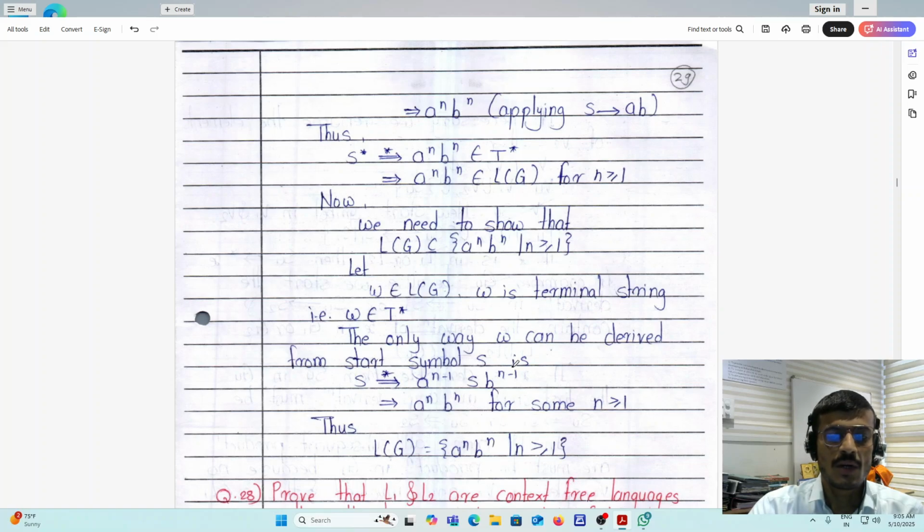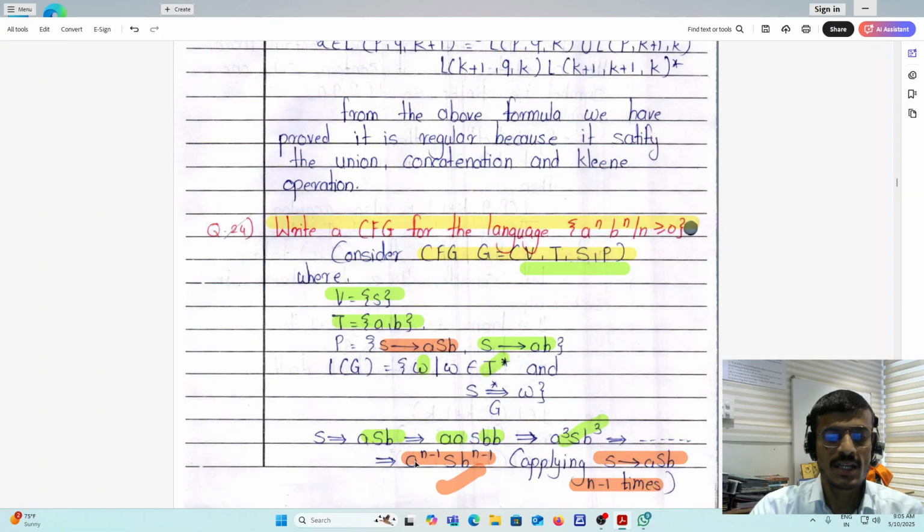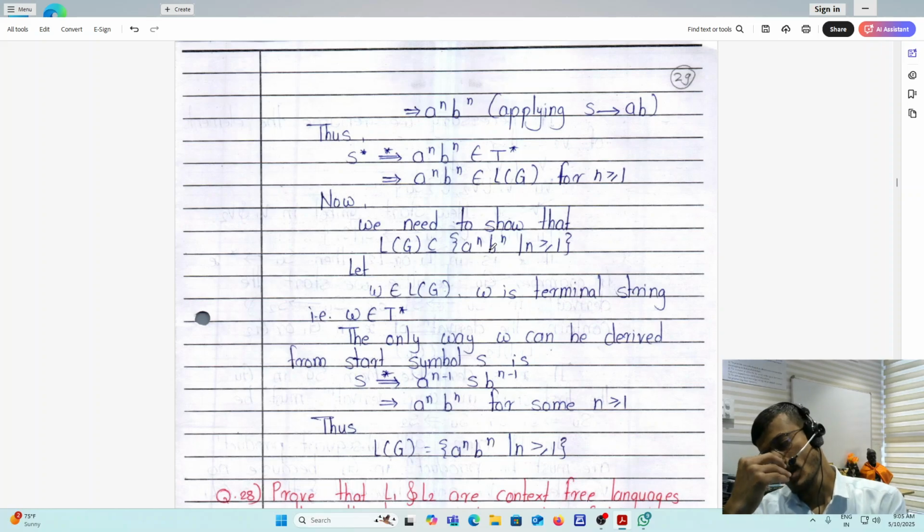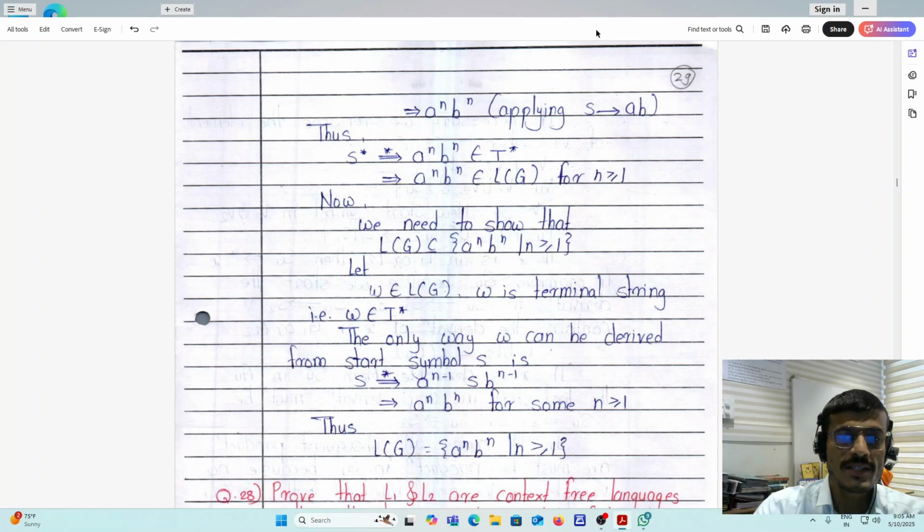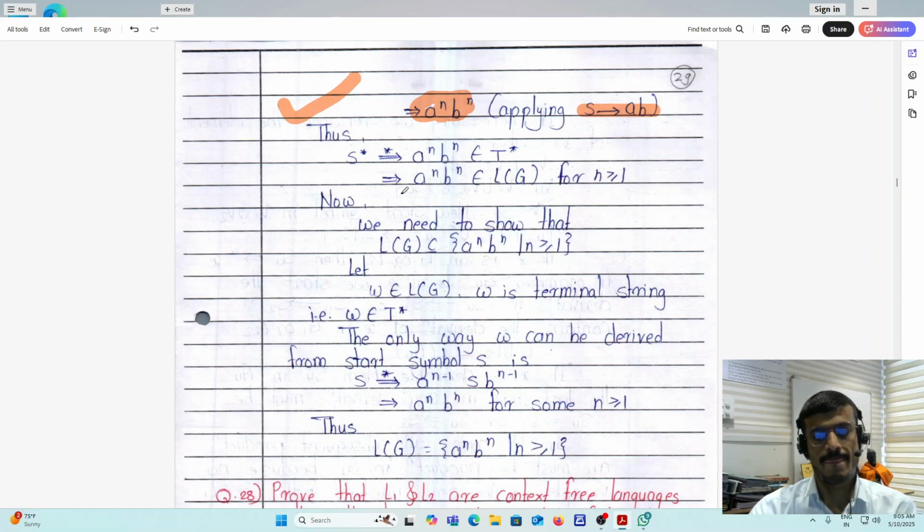The first production gives us a raised to n minus 1, b raised to n minus 1, and once you apply that n minus 1 times, go for the second production, S tends to ab. That S tends to ab will be replaced in the production and it gives us a raised to n, b raised to n. So that is the result.